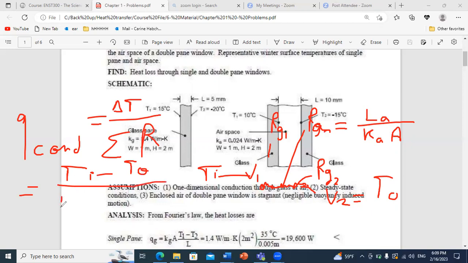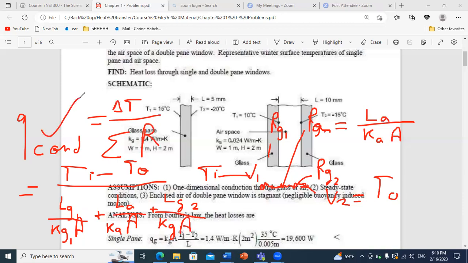So we can directly write L glass 1 over K glass 1 times area, plus L air over K air times A, plus L glass 2 over K glass times A. And in this way, I can directly compute Q conduction.